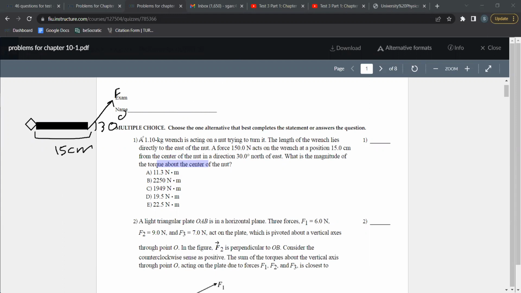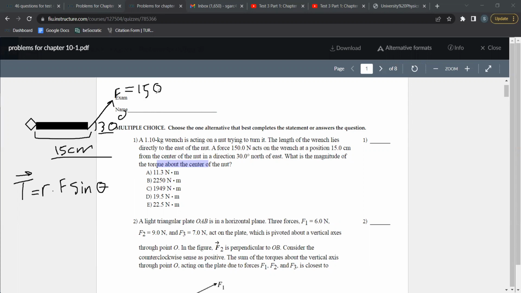All right, so torque can equal our radius times force times sine of the angle. So we already have our values kind of given to us. We know that r is going to be 15, our angle is 30, and our force right here is equal to 150 newtons.